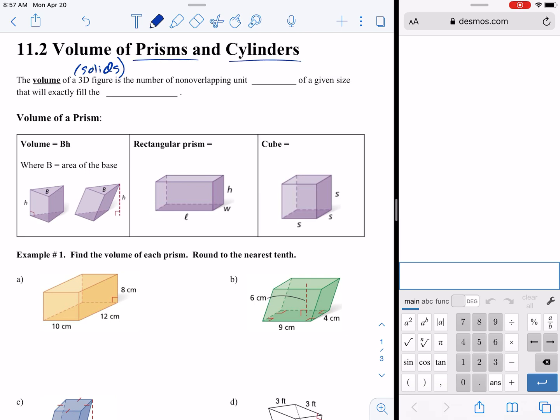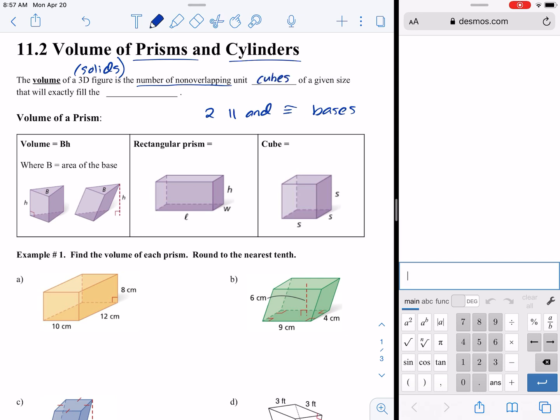And we're going to group these two solids together because prisms and cylinders both have two parallel and congruent bases. And because they have these two similar properties, they're going to have similar formulas for finding the number of non-overlapping unit cubes.